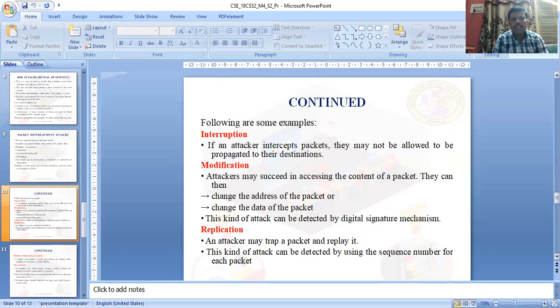Every packet has a sequence number: first packet, first sequence, second sequence, and so on, sent continuously. If an attacker accesses a packet and replays it, replication takes place, and the attacker replays the trapped packet to the destination users.